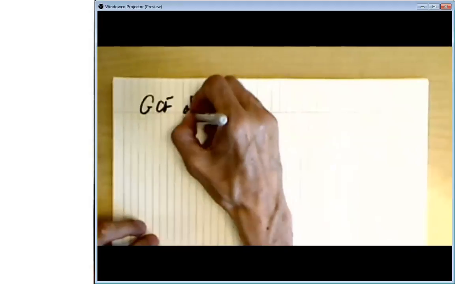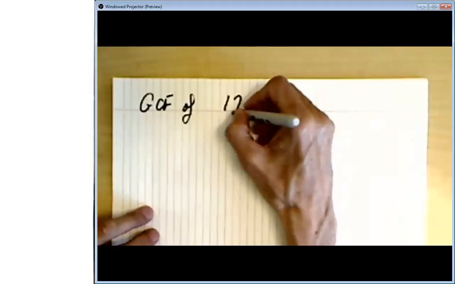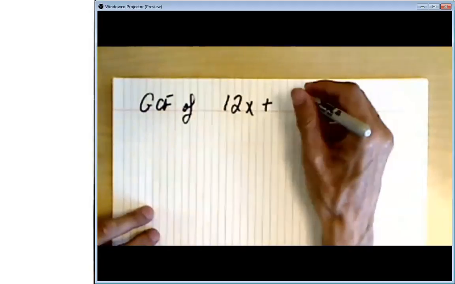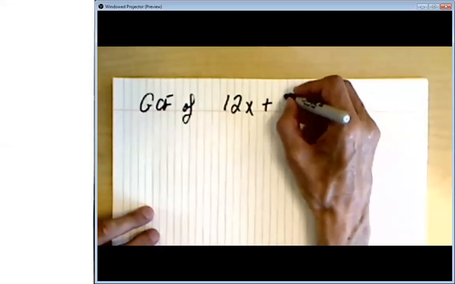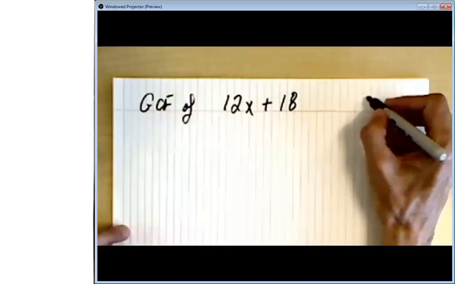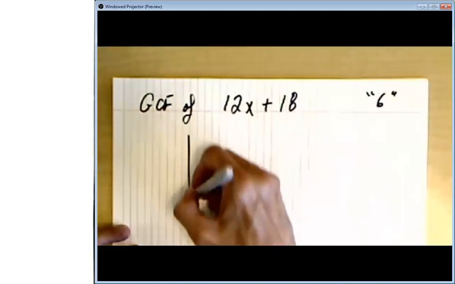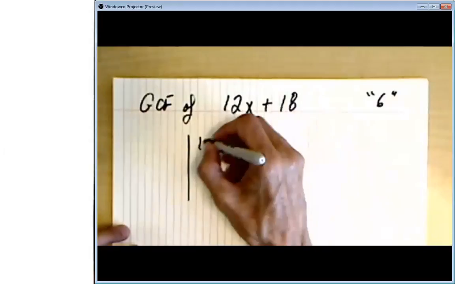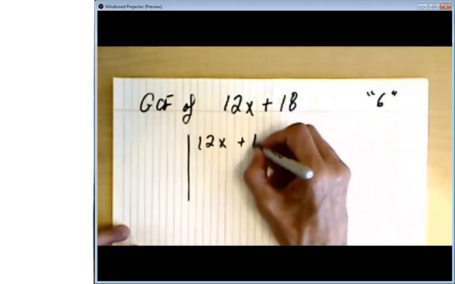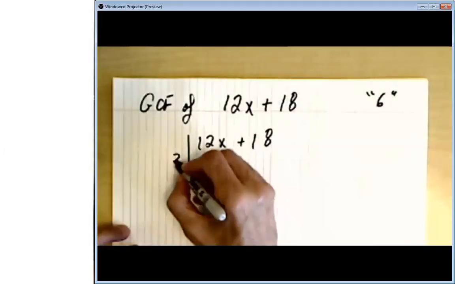GCF of 12x plus 18. 6 is correct. Let's try and get there. Okay, so set it up like that. Three, sure, we can do 3.